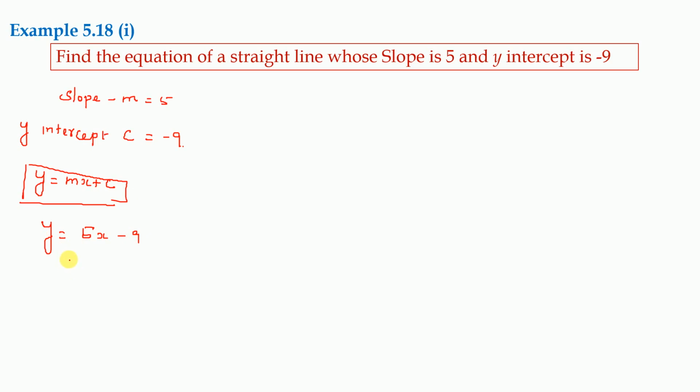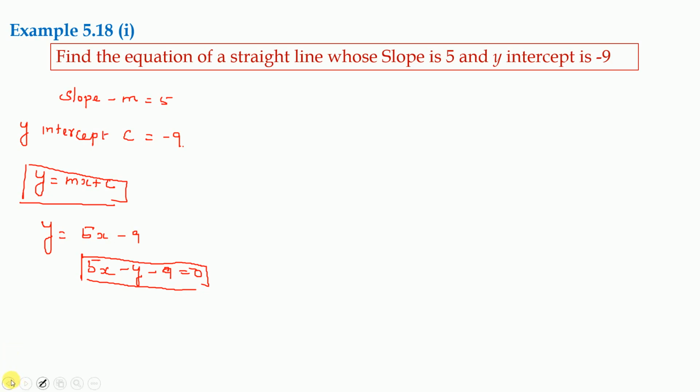I'm going to rearrange: bringing y to the right-hand side, 5x minus y minus 9 is equal to 0. This is the generalized straight line equation for the given question where the slope is 5 and the y-intercept is minus 9.